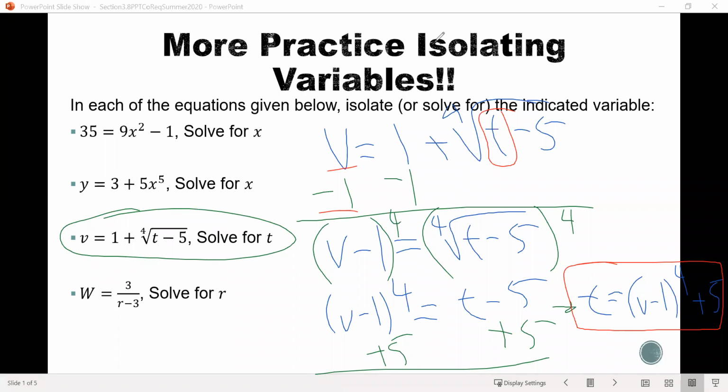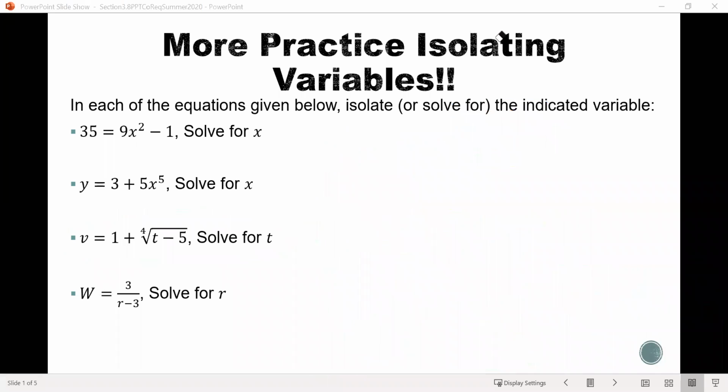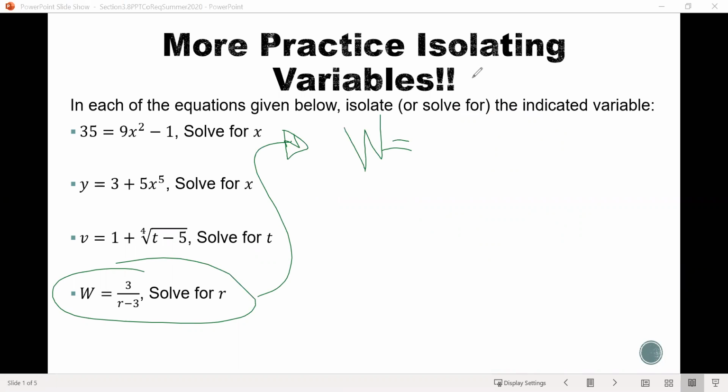All right, let's look at the last one now. So there we have w equals 3 over r minus 3, and we need to solve for r. Okay, so we'll set this up as w equals 3 over r minus 3.